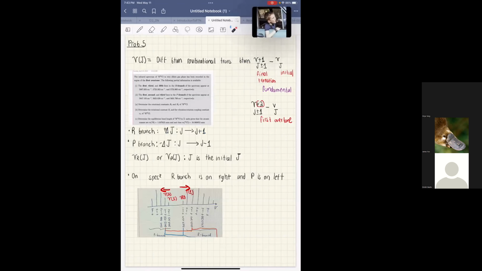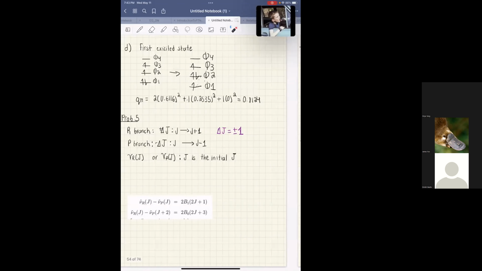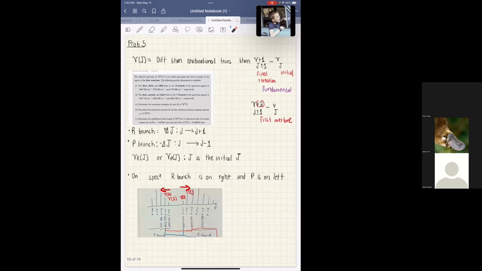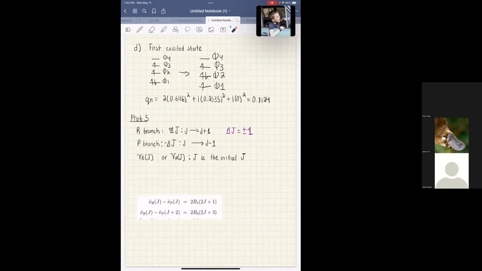Fundamental just means it goes from v equals 0 to v equals 1. Basically, the vibrational quantum number increases by +1, and that's the fundamental.